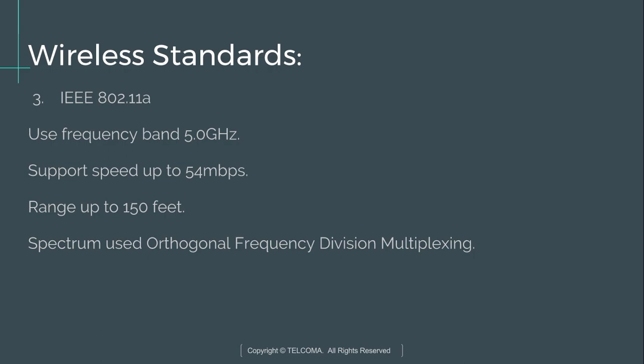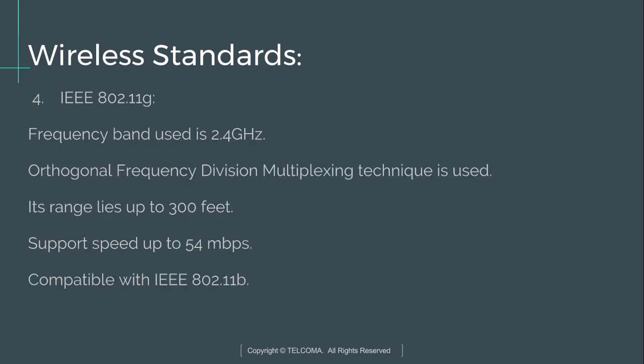Next, its updated version was IEEE 802.11g, and it used the frequency band of 2.4 gigahertz, which is used by IEEE 802.11 and 802.11b, and it used the orthogonal frequency division multiplexing modulation technique, OFDM. Its range also lies up to 300 feet, but its speed increases, supporting up to 54 Mbps.